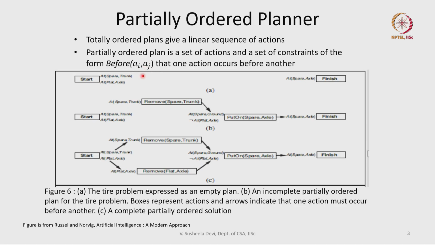So it gives us a particular order in which the plan is to be carried out, or which action is to be done first and which action is to be done later. Okay. So this is what is called the partial ordered planner. So what we have shown is a very simple example of a partial ordered planner.